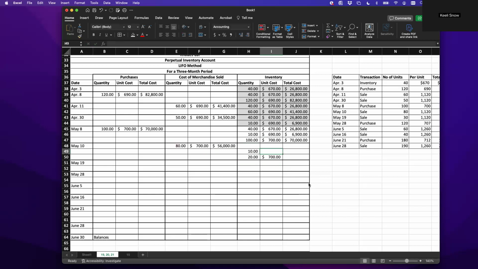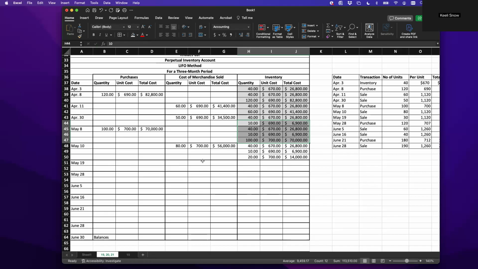We still have 10 that cost 690, and we still have 40 that cost 670. So again, the reason we write it down every time is because this is starting to get longer, right?